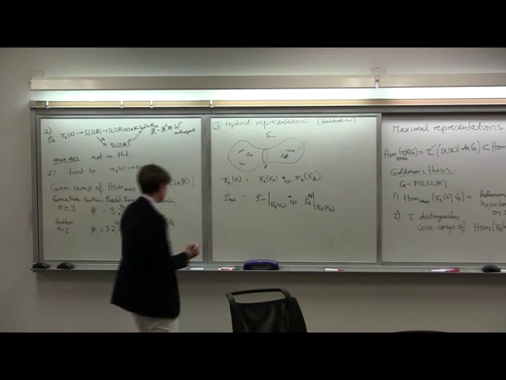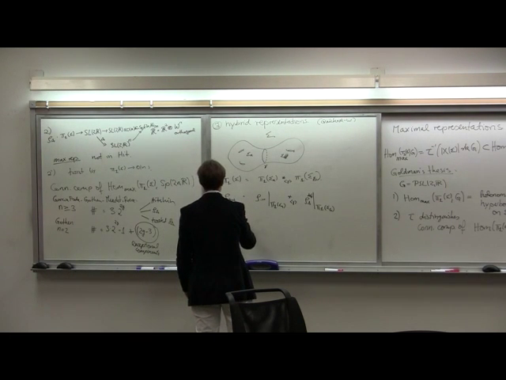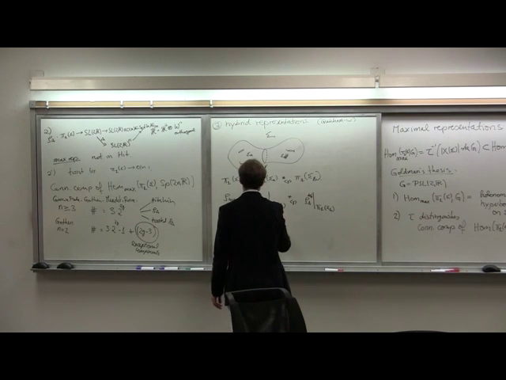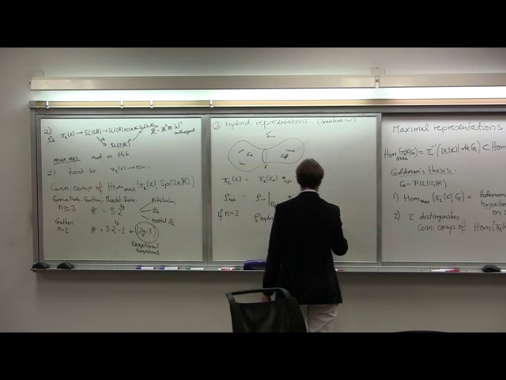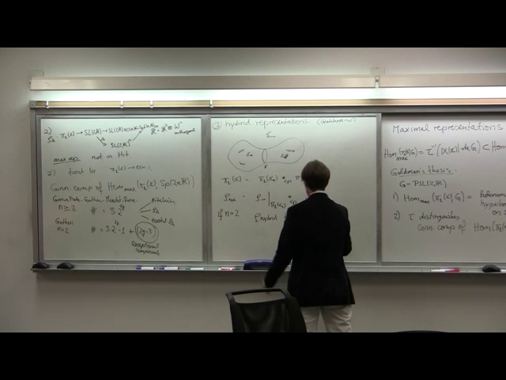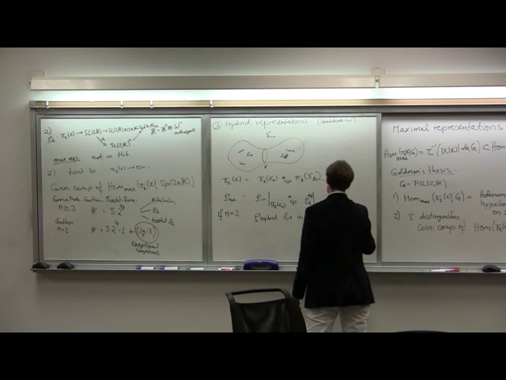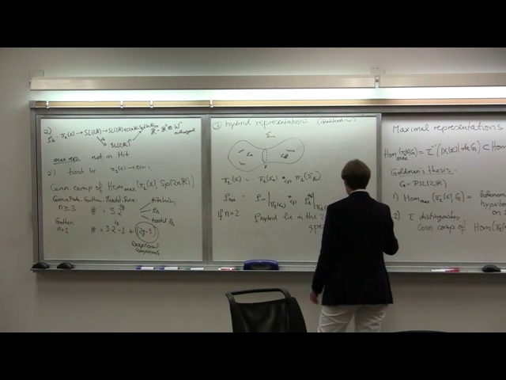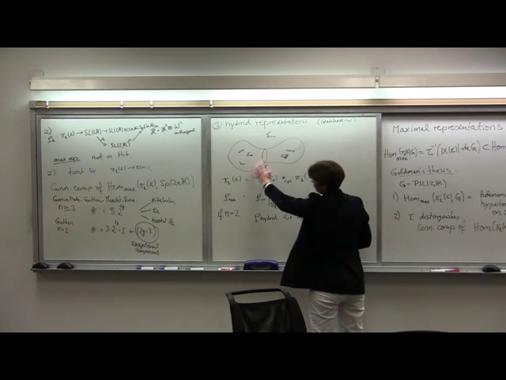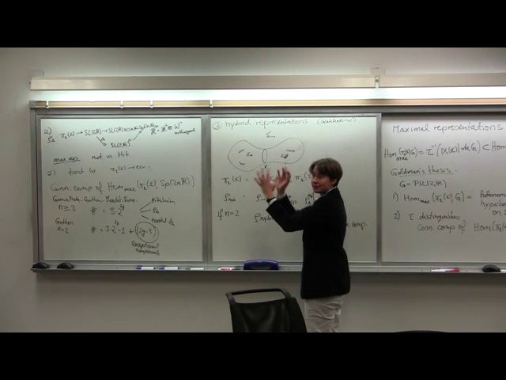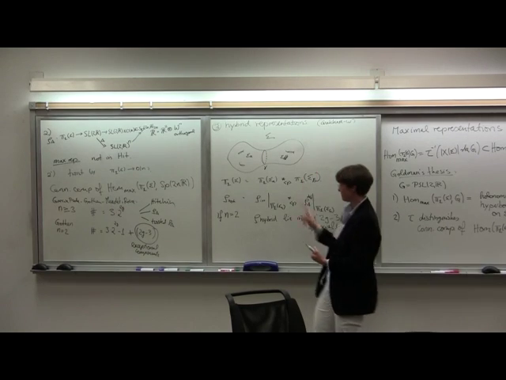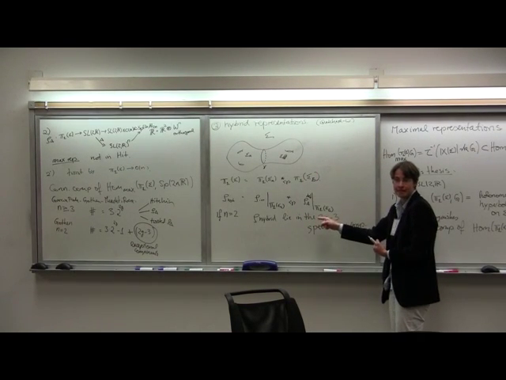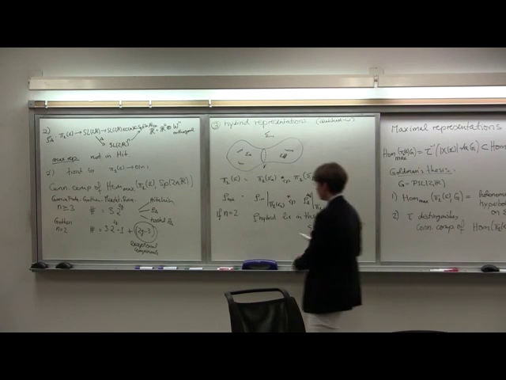And so if n is equal to 2, then these hybrid representations lie in the 2g minus 3 special connected components. And by varying how much Euler characteristic you give to sigma A and how much Euler characteristic you give to sigma B, you meet each of these 2g minus 3 connected components.